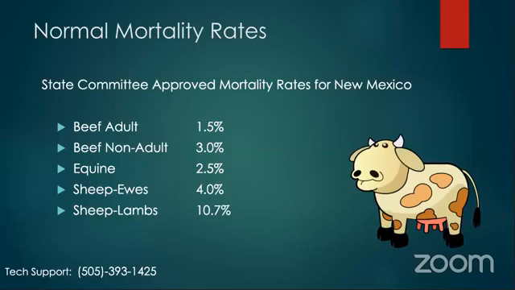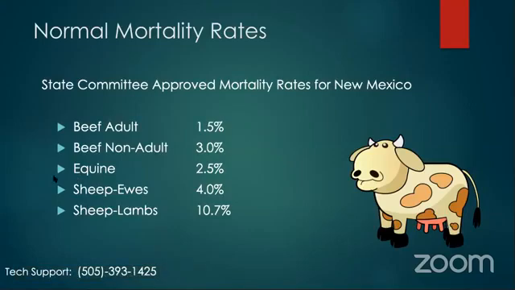paid. So for example, if the producer had 100 head of cows and he had a few die, we would not pay for the first 2 because that's what we would qualify as a normal mortality percentage. So if the producer claimed that they had lost 5 due to lightning, we would be able to compensate them for 3.